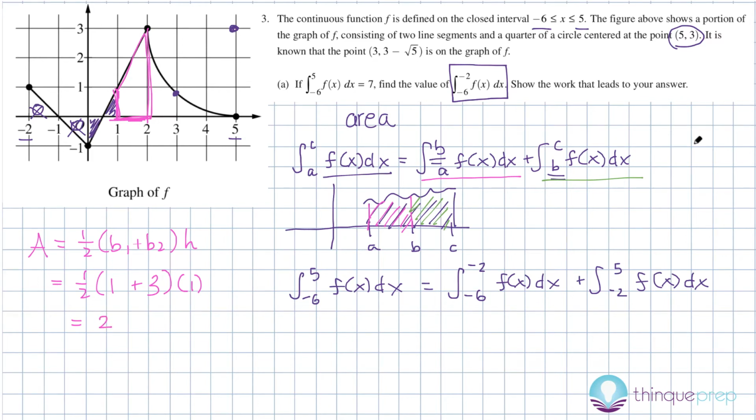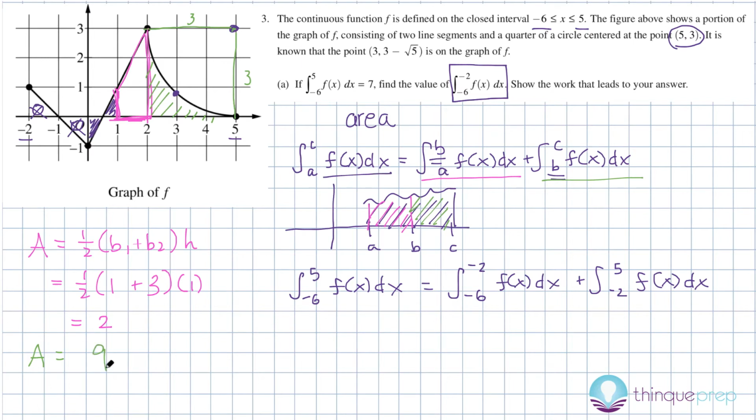And then the next part is going to be a little bit harder to figure out. We need to figure out what this area is. So if we use geometry, we can see that there's this big square over here that lines up with the center of the circle. And so what we want to do to calculate this shaded region is to take the area of a square and then minus a quarter circle. So this square is going to have dimensions 3 by 3.